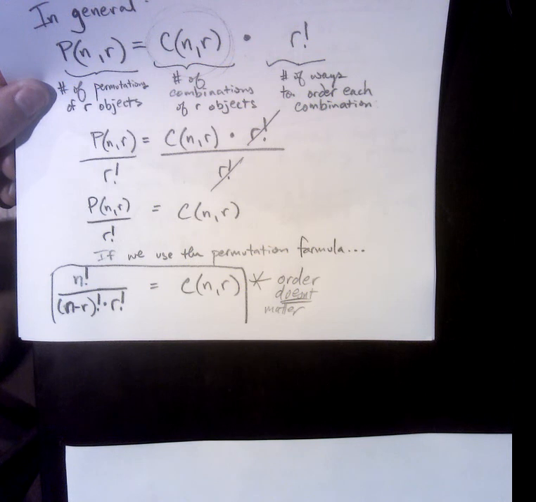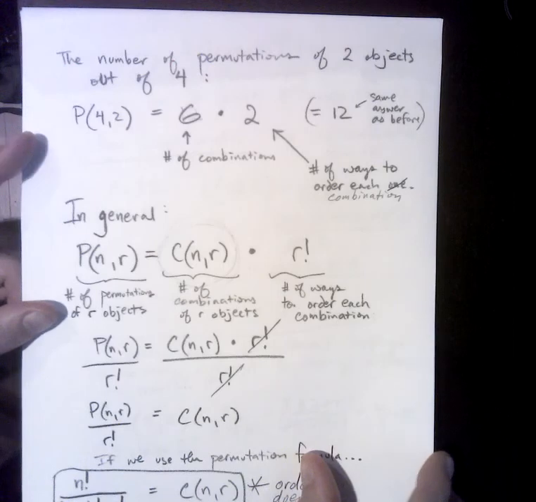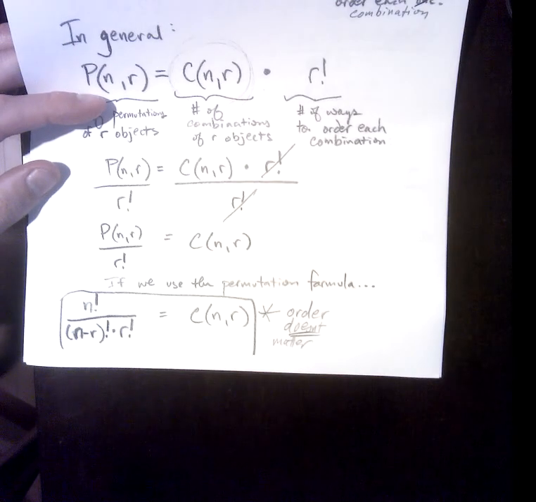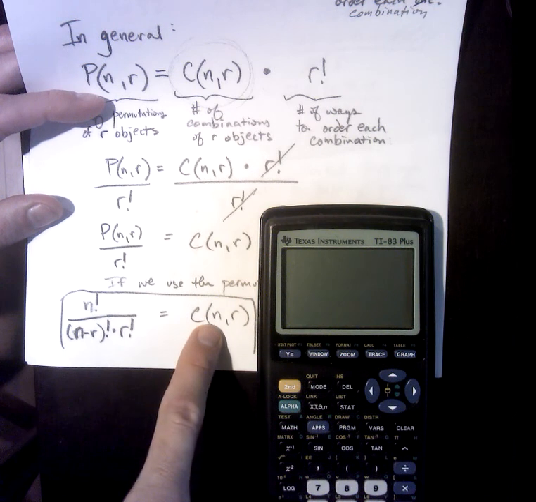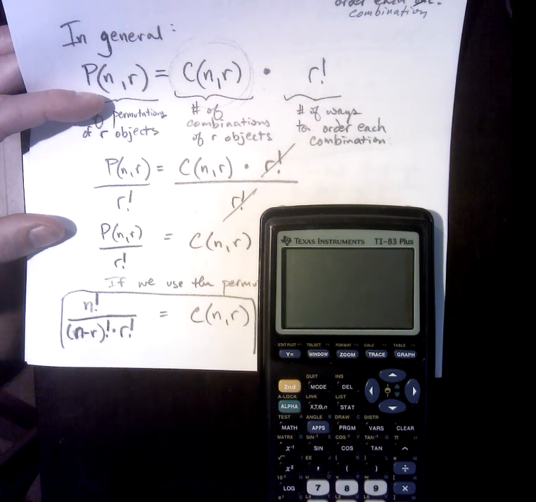Let's see this formula in action. Oh, by the way, if we do this formula with n equal to 4 and r equal to 2, does it give me 6 like it should?